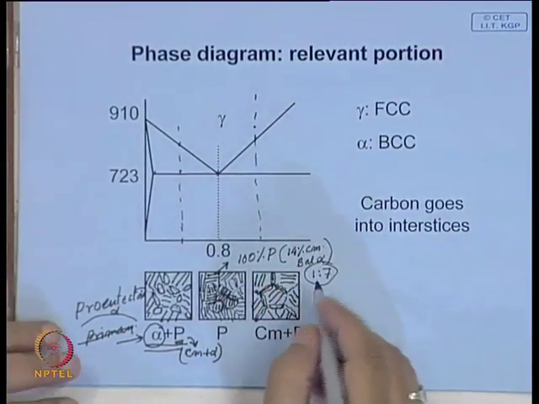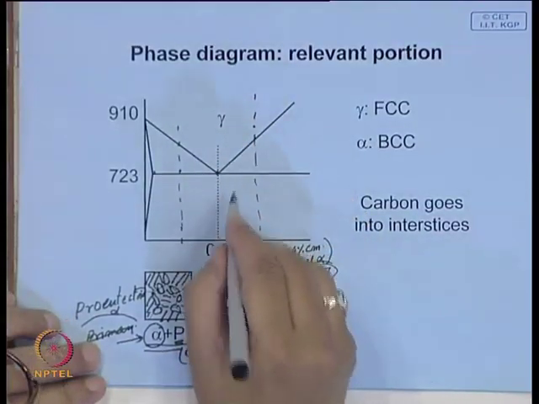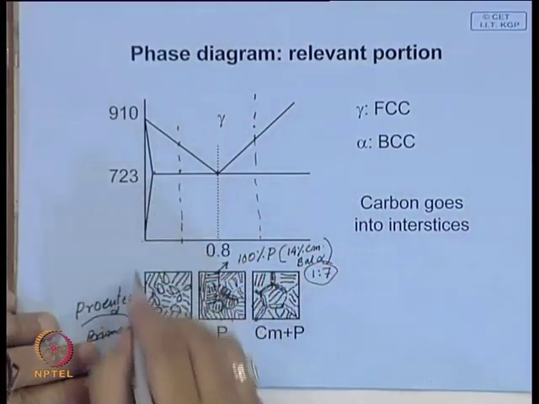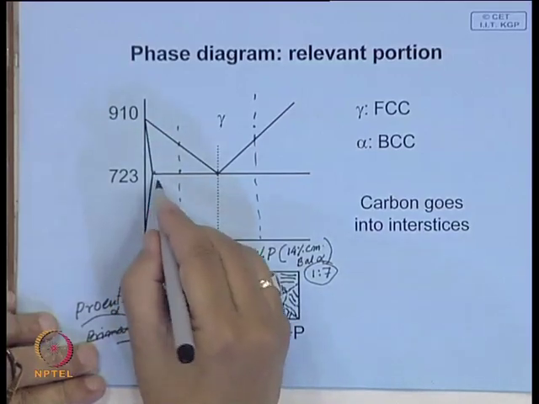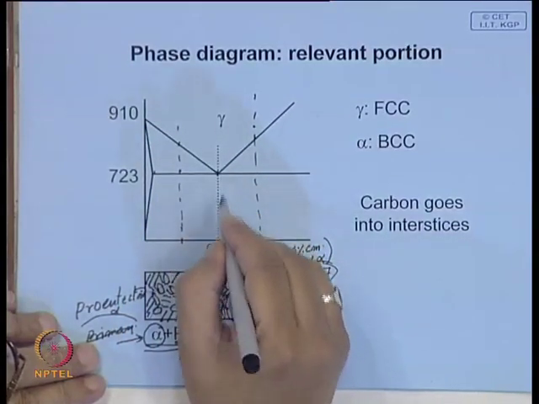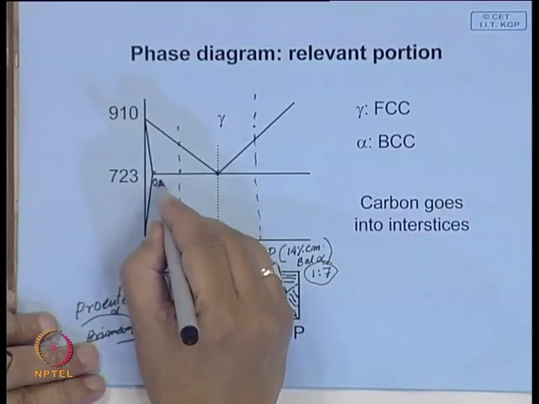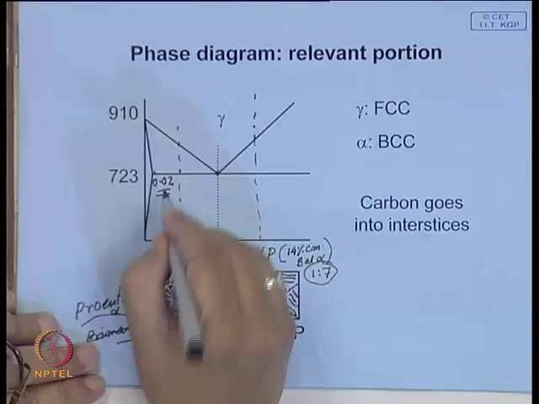But an interesting thing which you will find in hypereutectoid steel, because of the composition, is that in hypoeutectoid steel the amount of ferrite increases from 0% at 0.8 to around 100% close to 0.02 carbon.